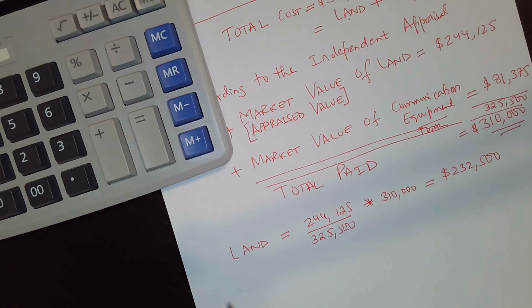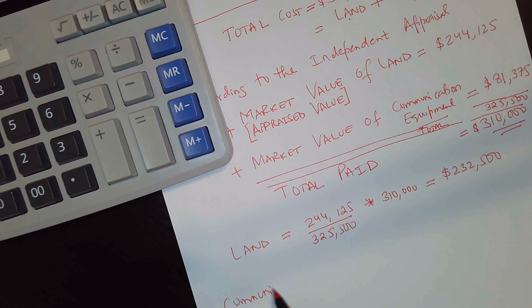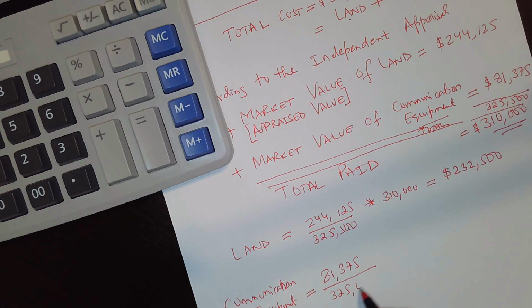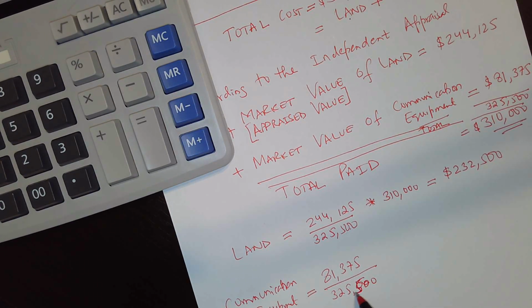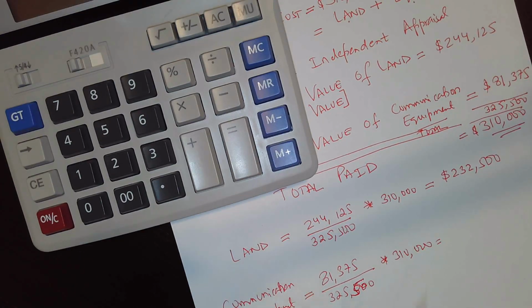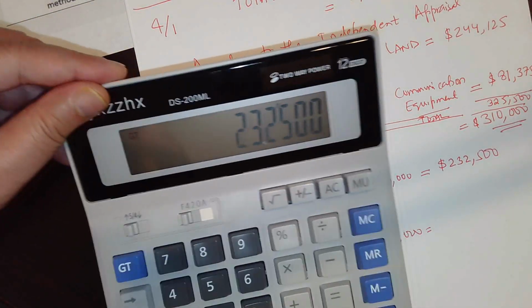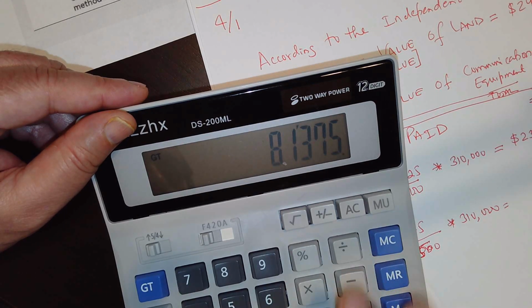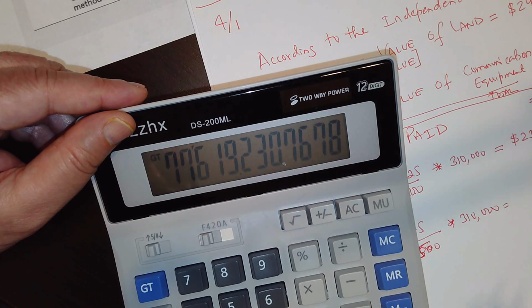And then we're going to do the same thing for communication equipment: 81,375 divided by 325,500, multiplied by 310,000. It should be 25% because we have only two things. So that's 25% multiplied by the $310,000 that we have paid. That gives us $77,619.